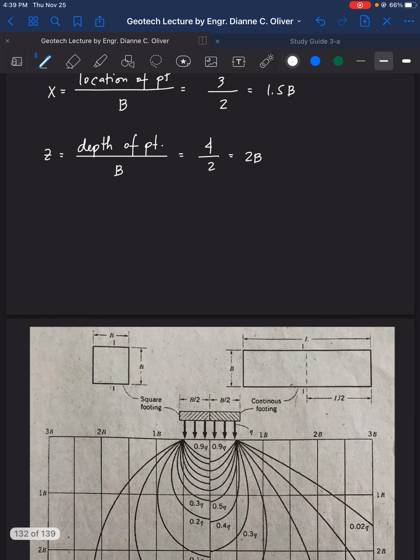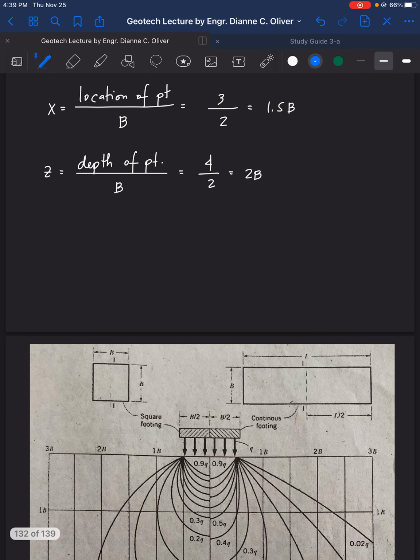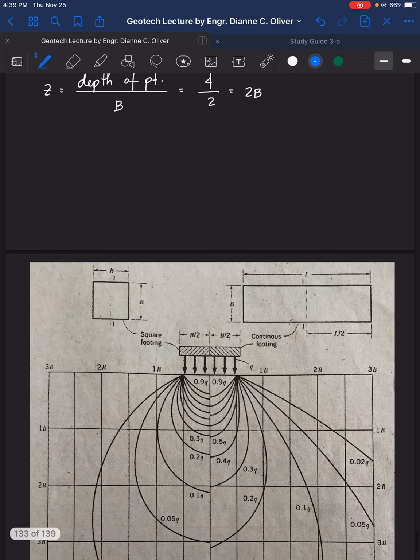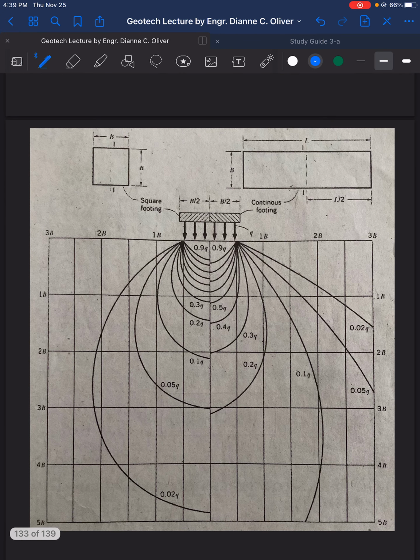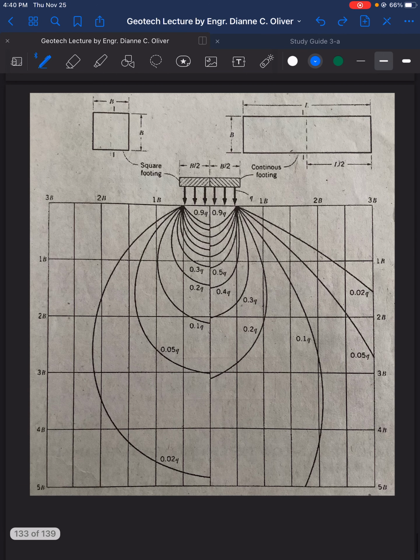So we plot it here in our pressure isobars. X is 1.5b, z is 2b. We are concentrating at the left because we are using the square footing. So x is 1.5b, this is 1b, therefore our 1.5 is located, so this is 0. So this is 1.5 up to this point.